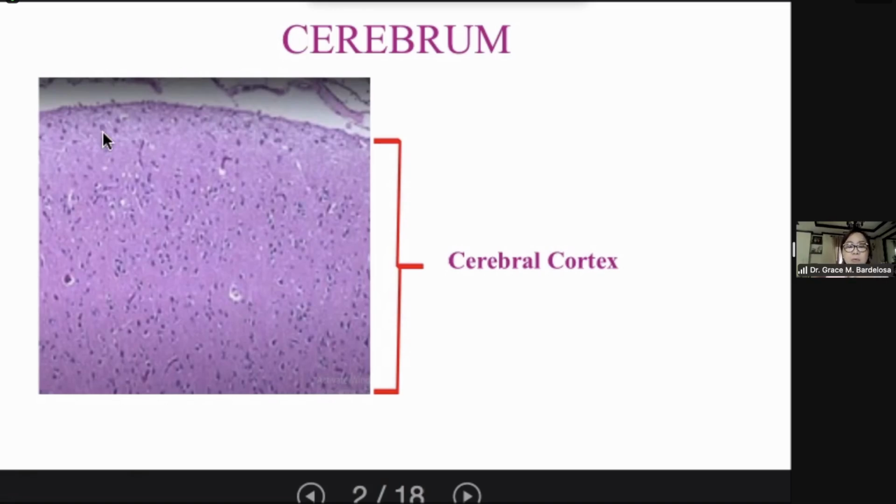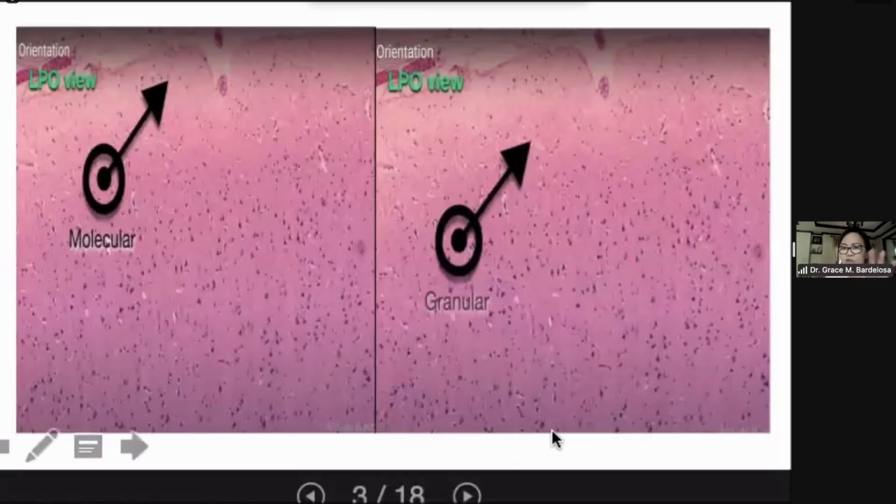Now, the cerebral cortex, the outer portion, is made up of 6 ill-defined layers. The one that is presented here is the first layer from without inwards, which is directly adherent to the pia mater, the molecular layer.